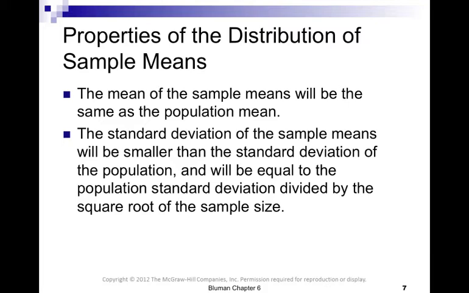And it's going to be equal to the population standard deviation divided by the square root of the sample size. So we've got different formulas for the standard deviation for this distribution of sample means than we did with a population.